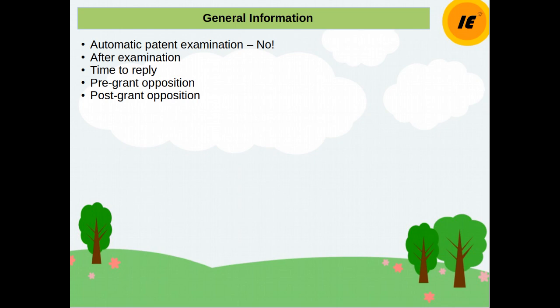Now the other question will be: when can the request for examination be filed? The request for examination can be filed within a period of 48 months from the date of priority or date of filing of application, whichever is earlier. So 48 months means 4 years. That's a long time, and I wonder why this is given as an option.